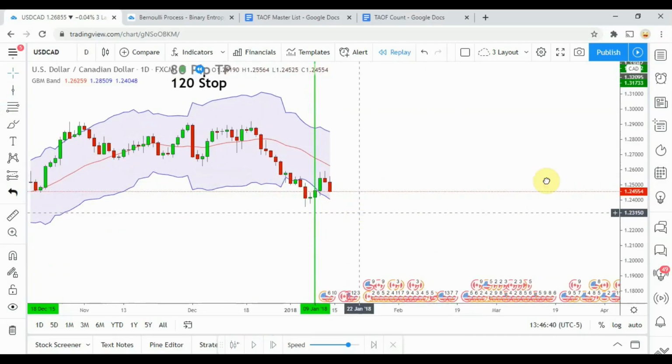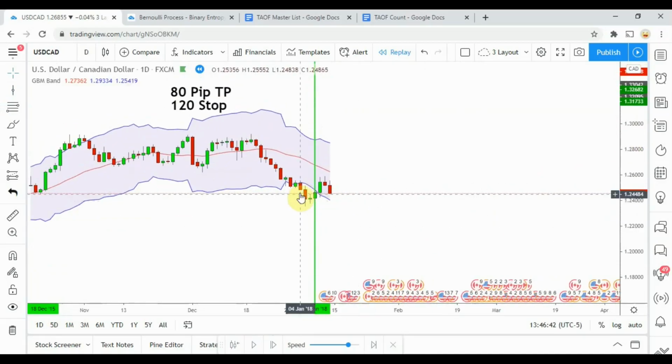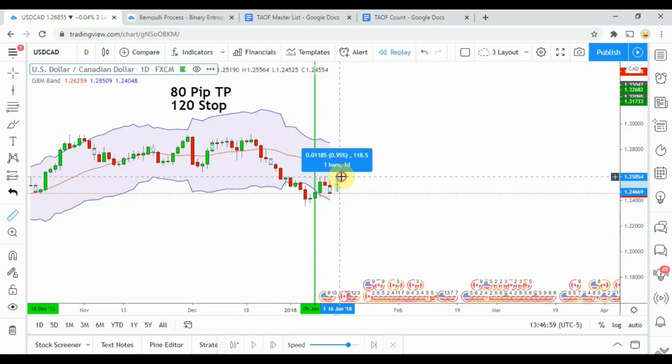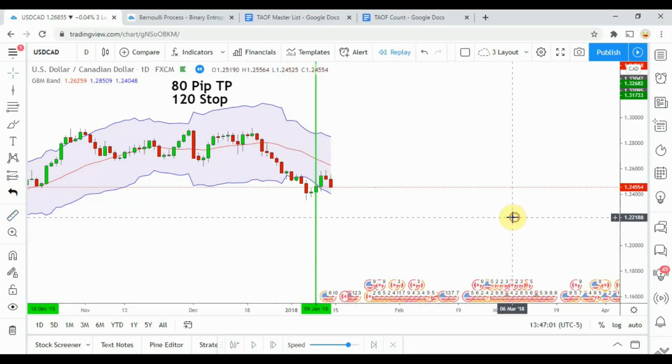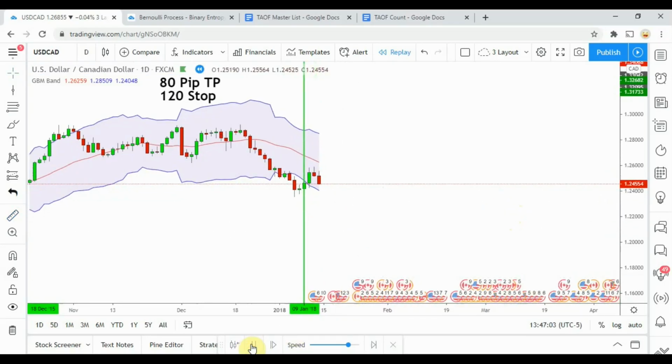Not a close above the band, we're looking for a close of a candle above the most recent candles there. We get that right there. We get 118 pips out of it, and so we get our first winning trade.